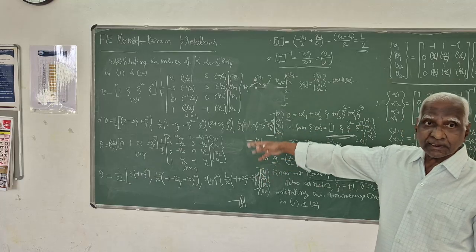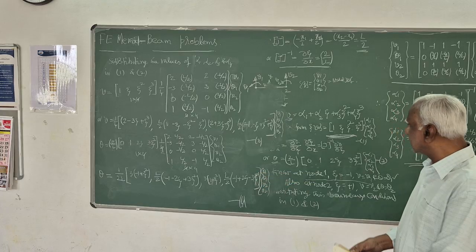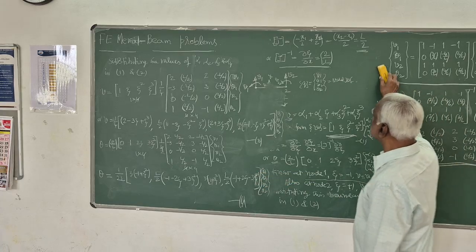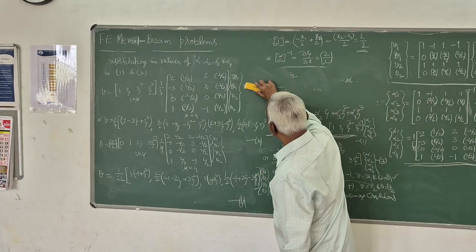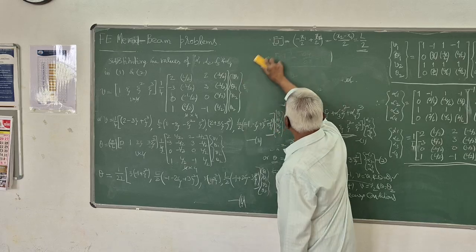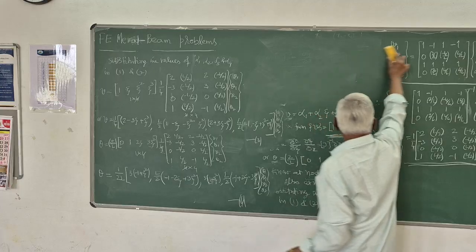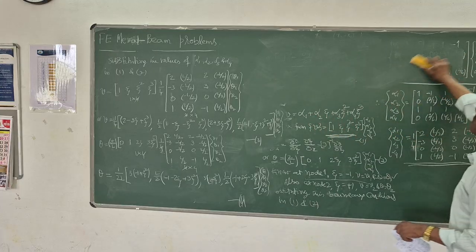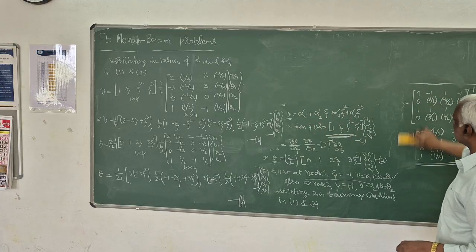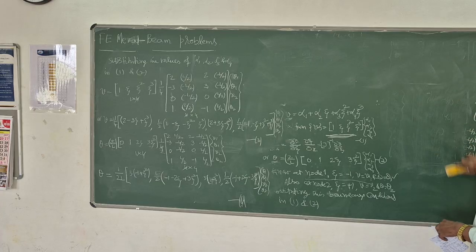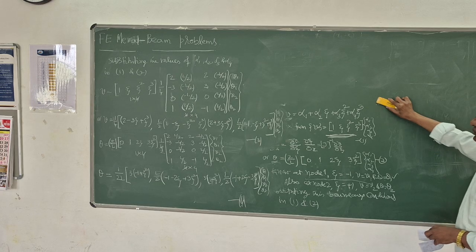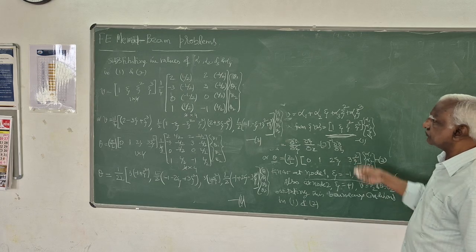But here there are 4 shape functions, and these we call Hermite shape functions, because the slope is also involved. That is, the first derivative of displacement also comes into the picture. That's why this is called the Hermite shape function.